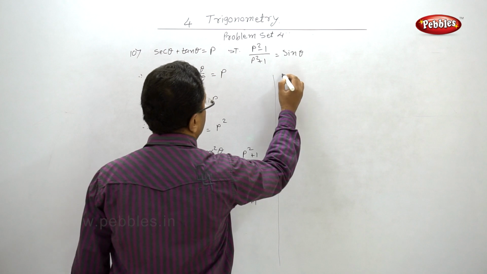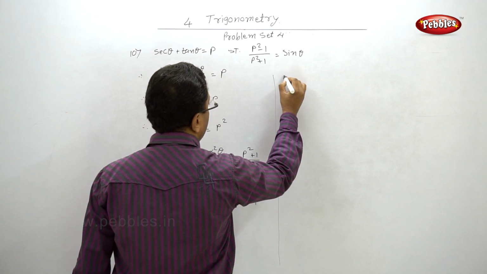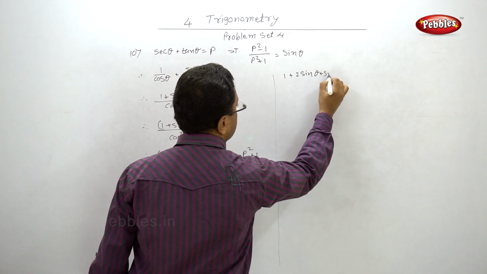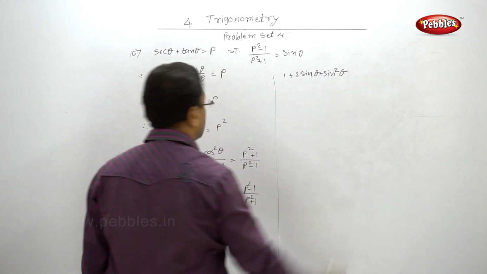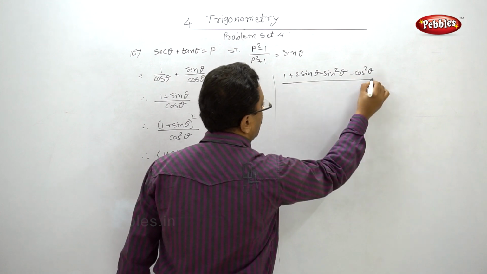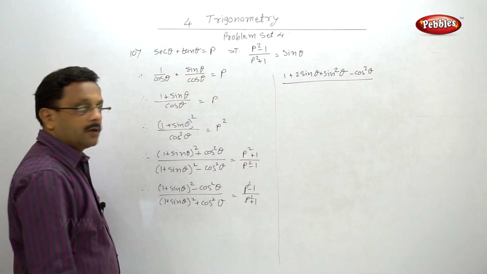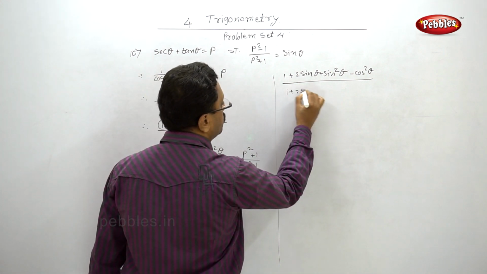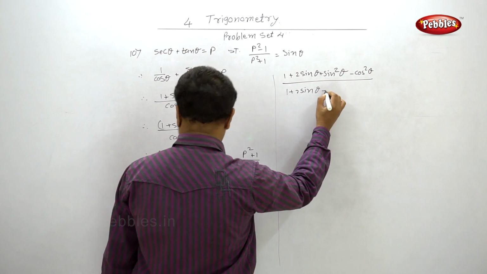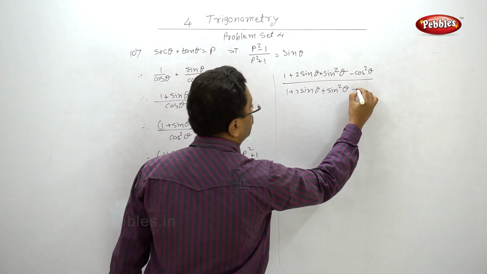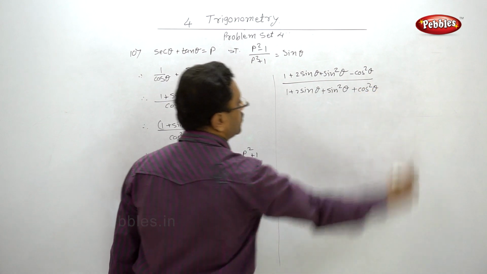So opening the first bracket, we will have 1 plus 2 sine theta plus sine square theta minus cos square theta upon 1 plus 2 sine theta plus sine square theta plus cos square theta.